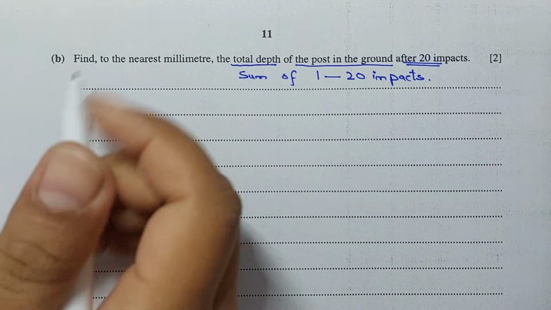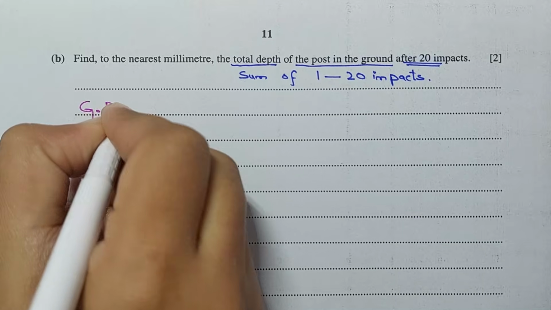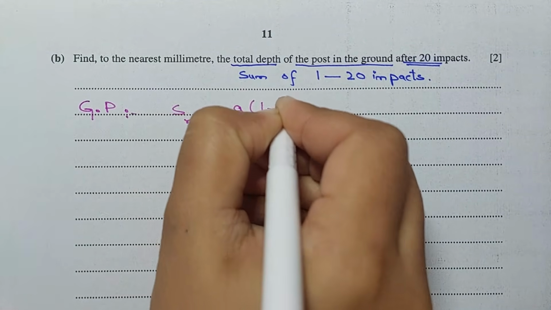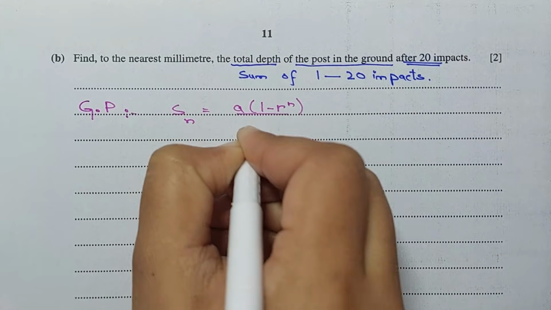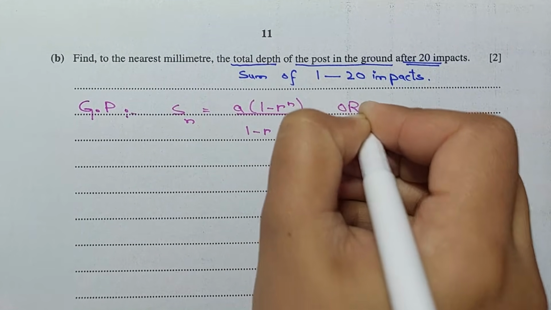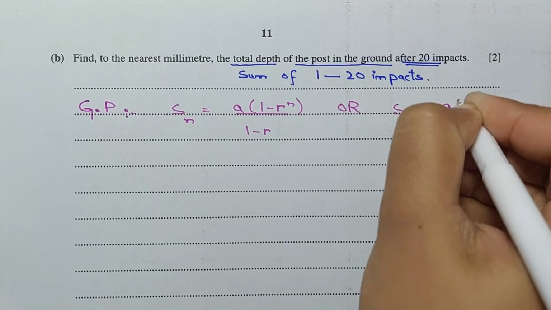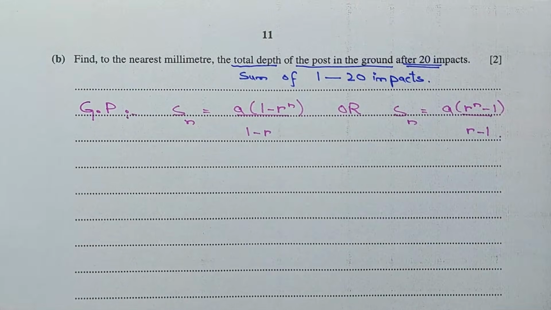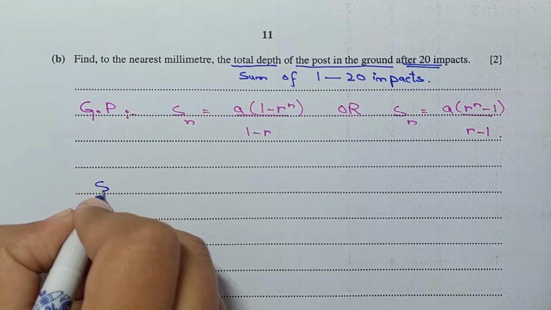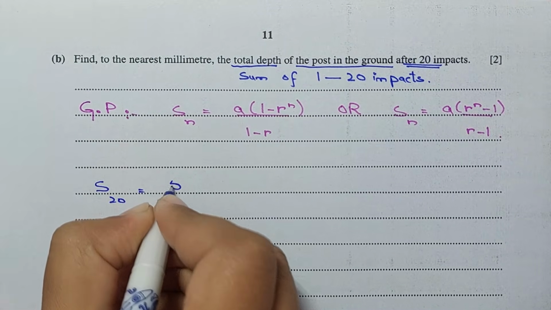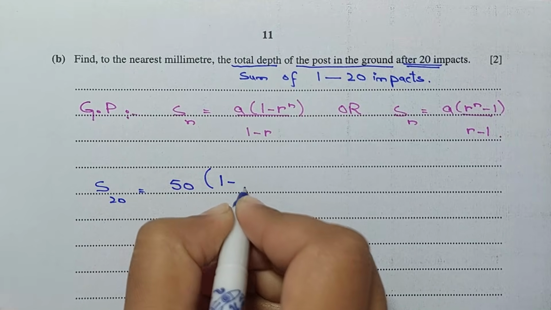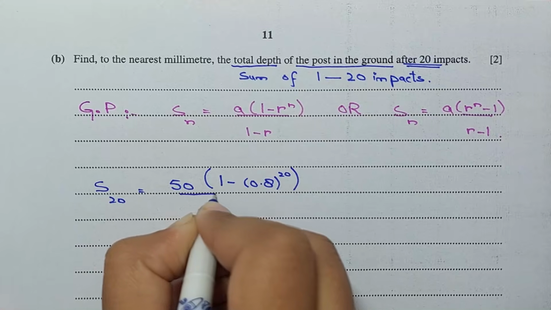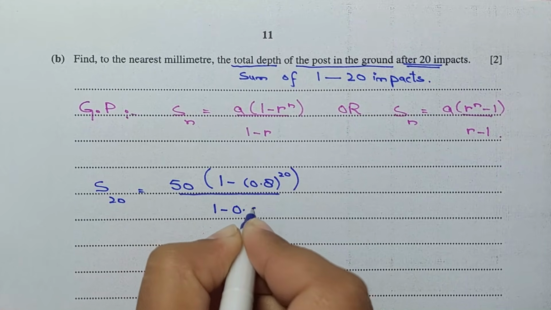We have been given in the beginning that it is a geometric progression, and the sum for a geometric progression Sn is a into 1 minus r power n over 1 minus r, or you can use the other formula for Sn, which is a into r power n minus 1 over r minus 1. Both are correct, right? So S20 we need to figure out, n value is 20, a is 50 into 1 minus r, which is 0.8, to the power 20, divided by 1 minus 0.8.